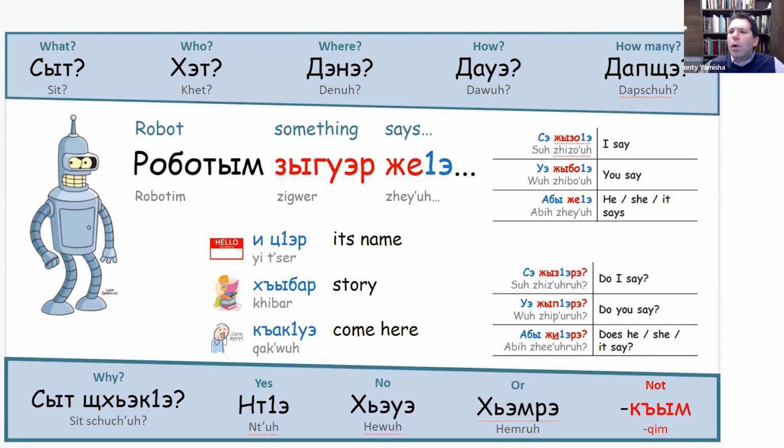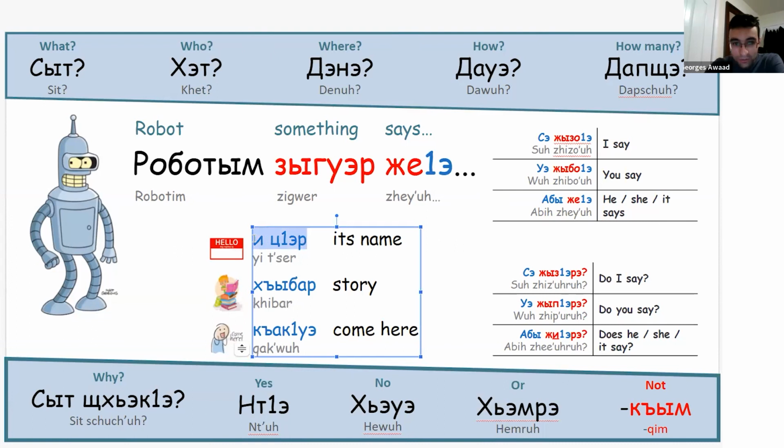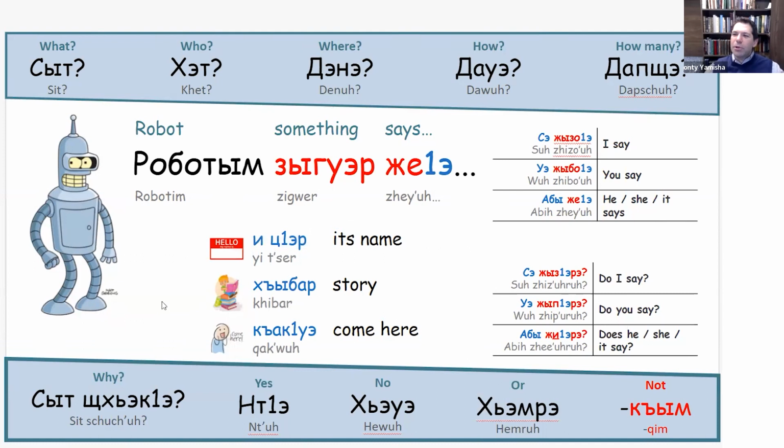Sit zagor. Sharkam? Yitzar. Robotem yitzarjea. Ola. Sit robotem yitzar. Robotem khabarjea. That's not what I asked you. Robotem yitzar sit.